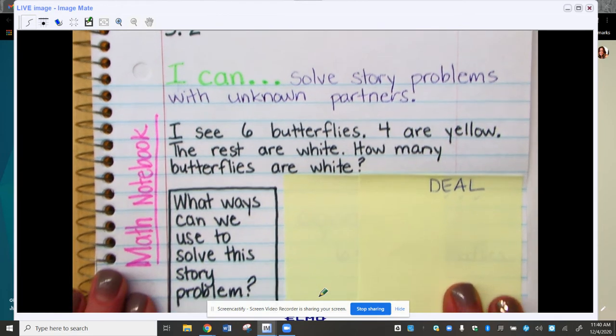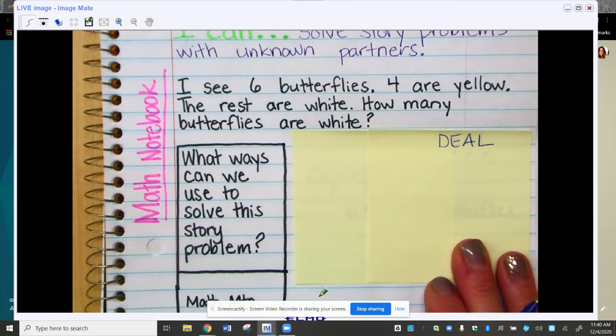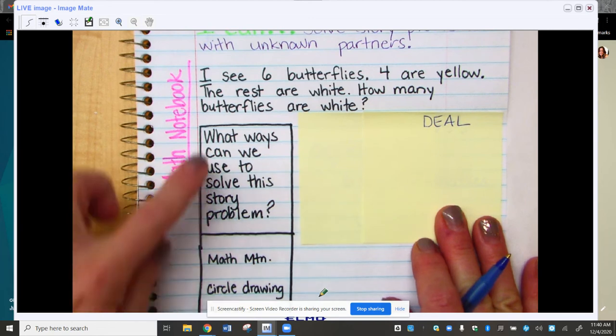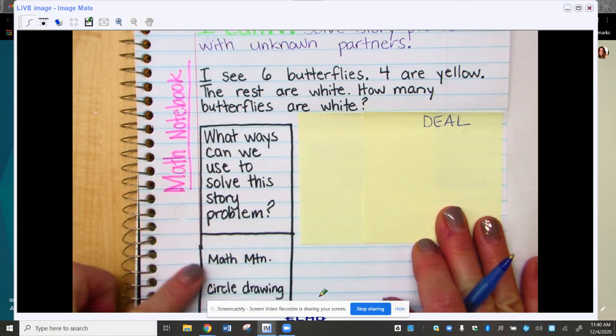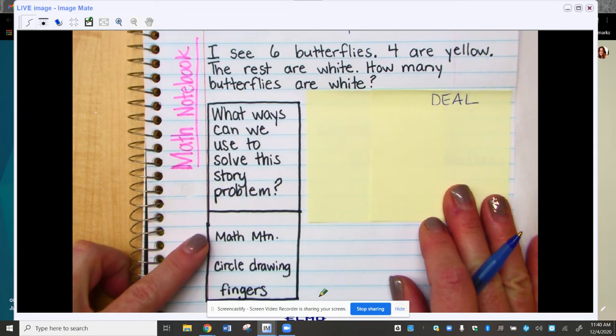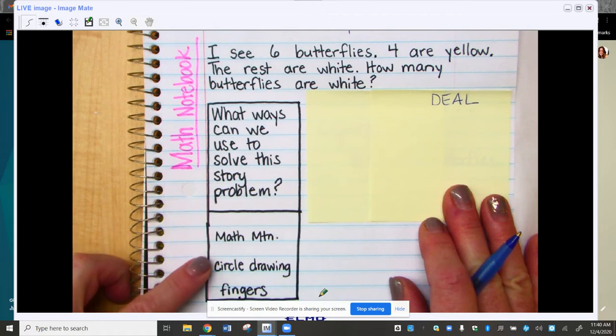So we want to remember from the other day that we can solve problems and story problems in different ways. So we talked about math mountains are a way to solve story problems and show our thinking. Circle drawings are another way that we can show our thinking and solve the equations. Or we learned yesterday too that we can even use our fingers.